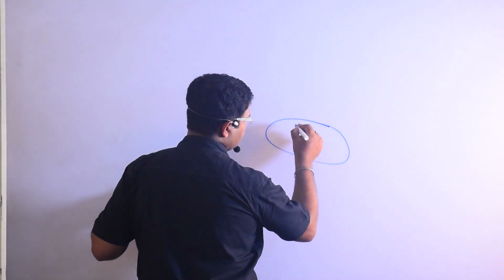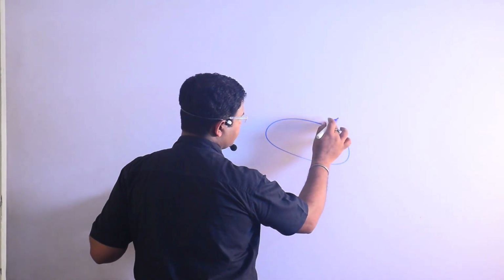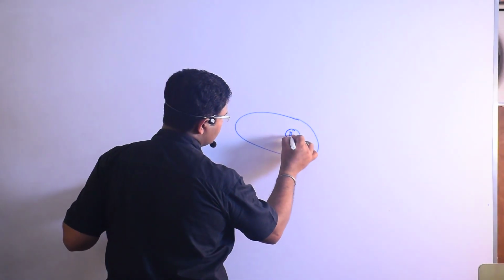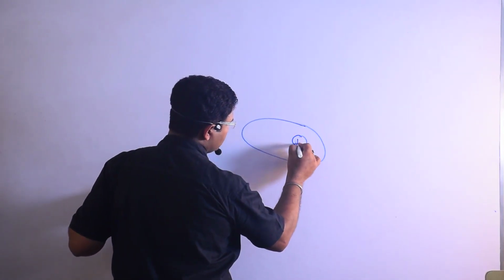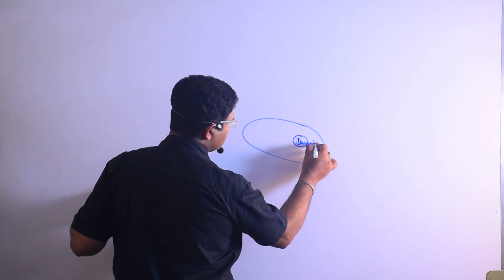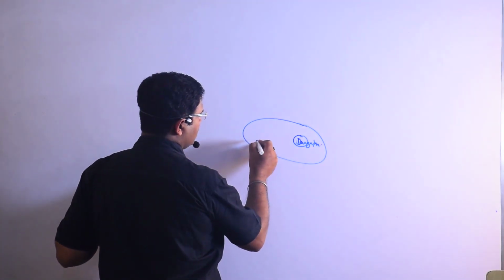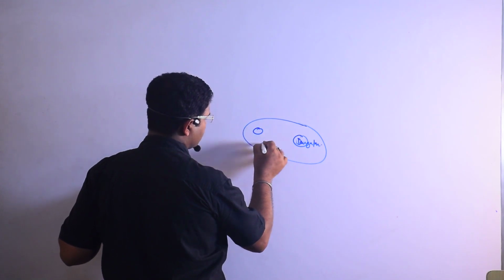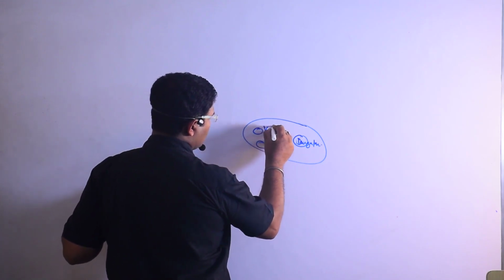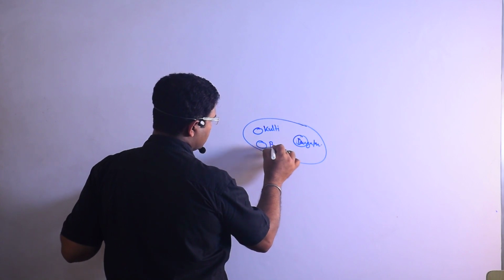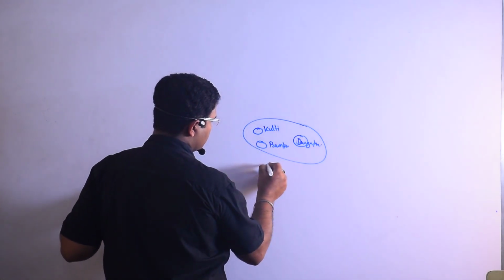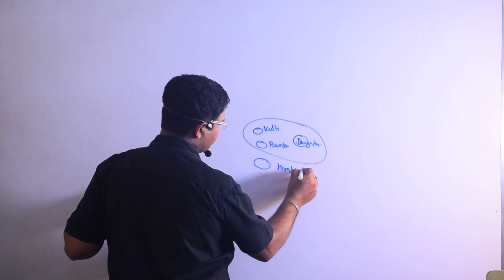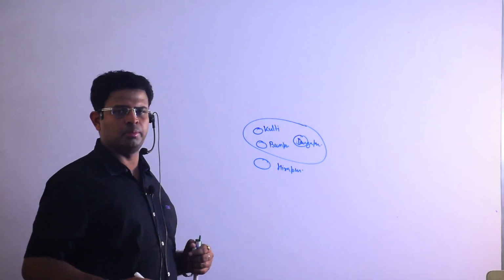And in Vardhaman here you will see Durgapur, and here you will see Kulti, Burnpur, Hirapur. Which are the three iron and steel plants I am saying?